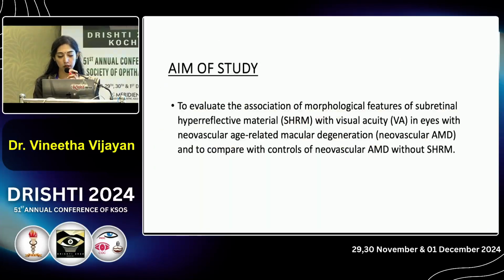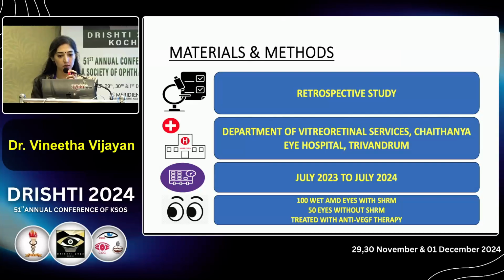Coming on to the aim, it is to evaluate the association of morphological features of SHRM with visual acuity in eyes with NAMD and compare it with patients with NAMD without SHRM. It's a retrospective study conducted for a period of 1 year. 100 wet AMD eyes with SHRM were included, 50 eyes without SHRM were included, and all of these were treated with anti-VEGF therapy.